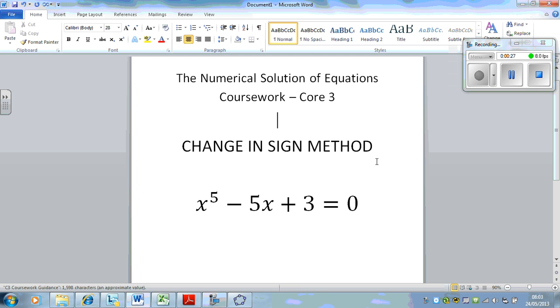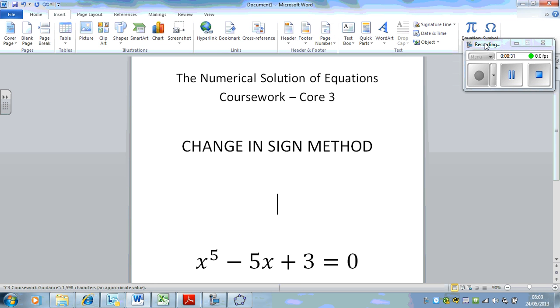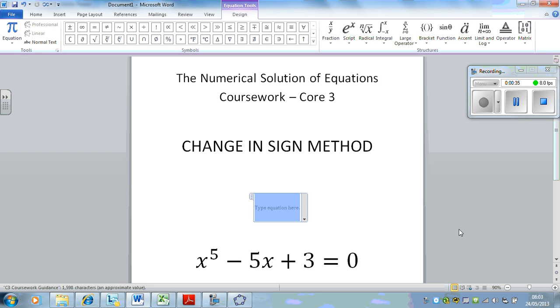By that I mean, let's take for example the equation x squared plus 5x plus 4 is equal to 0.